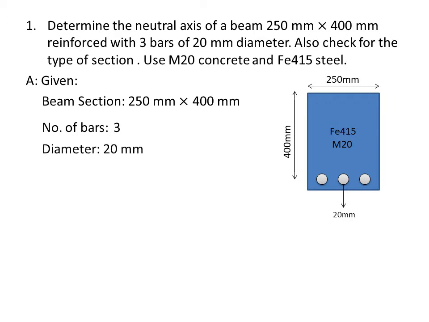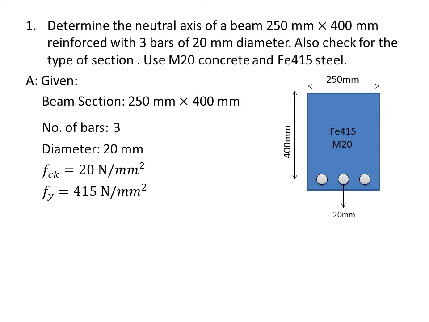Okay, the first thing when a question is given, you first write the given things. Now you draw out the question, whatever is given in it. First we write the beam section, B into D, that is 250 mm into 400 mm, where B is 250 and D is 400, small letter d. Number of bars is 3, with diameter 20 mm.